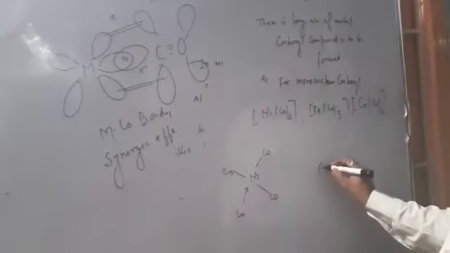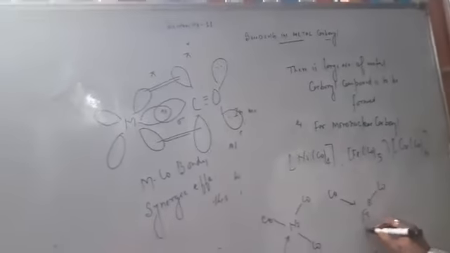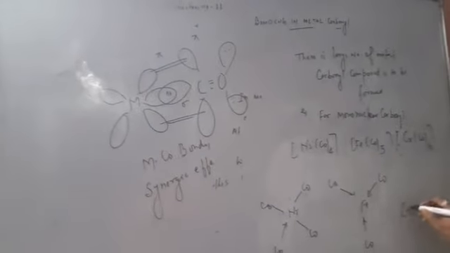If we draw the structure of Cr(CO)6, this is the octahedral geometry.